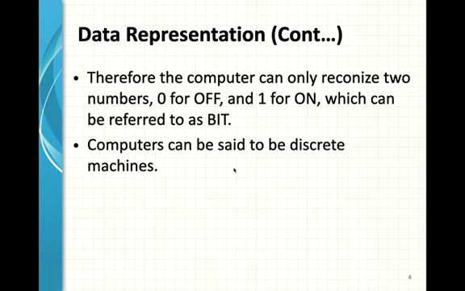It understands only discrete states, either off or on, no intermediate stages.